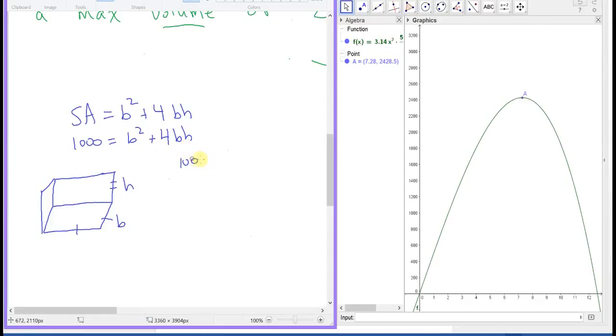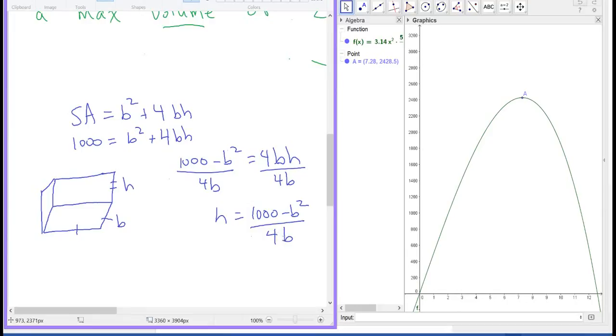First we try to get this term away from the h: 1,000 minus b squared is equal to 4bh. Get rid of the 4b to get h by itself. H is equal to 1,000 minus b squared over 4b.